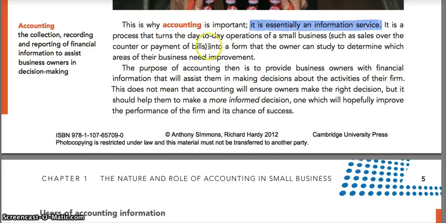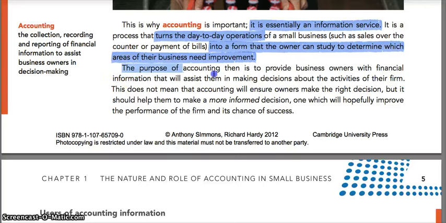So this section here basically turns day-to-day operations information into a form that the owner can study and determine areas which need to be improved. And this is the basic function of accounting.